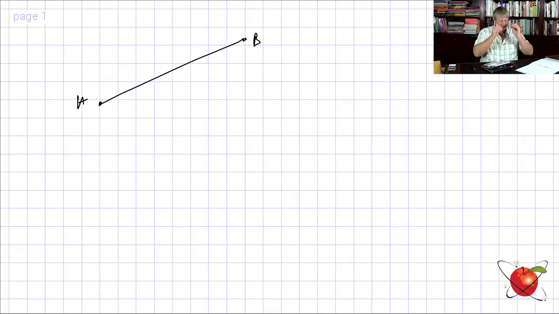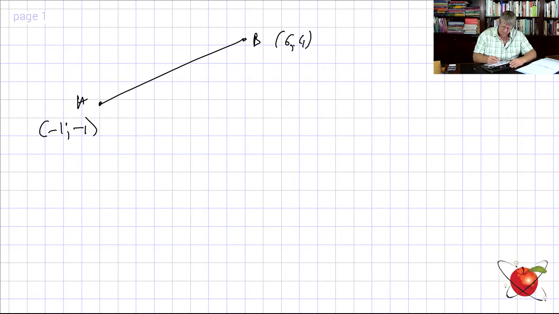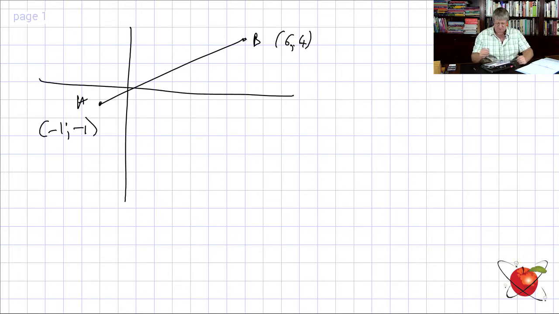Now, if you remember, let us say we've got the coordinates of A as -1 and -1 over here, and the coordinates of B are 6 and 4, like that. Which means that essentially the axes are sort of down there, but you know what I'm doing, X and Y. So we want to know what is the length of the line AB.